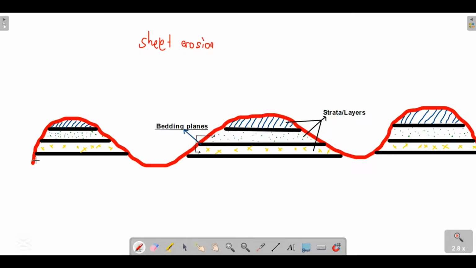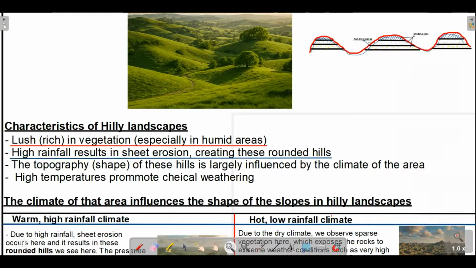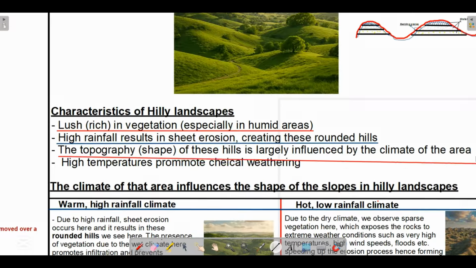You can imagine maybe removing this part, that particular part at one go, or a thinner part. So all of that is removed at the same time, and so they get shorter and they get more rounded. They develop that gentle gradient. And as I said, the shape of these hills is largely influenced by the climate of the area.